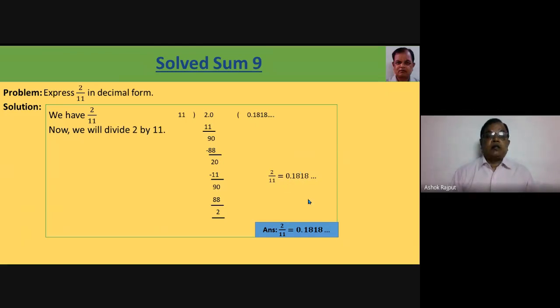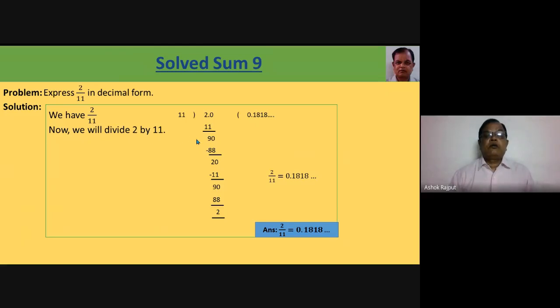If he is saying to write this way, we can write it, because it is repeating and non-terminating also, because it does not end here. So the answer is 2 by 11 equal to 0.1818 up to infinity.